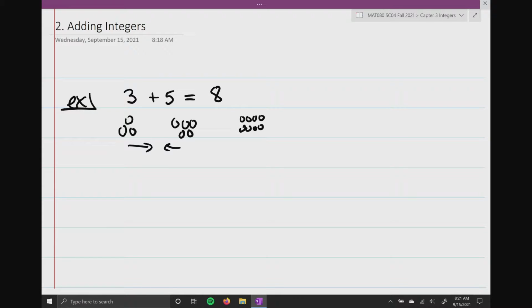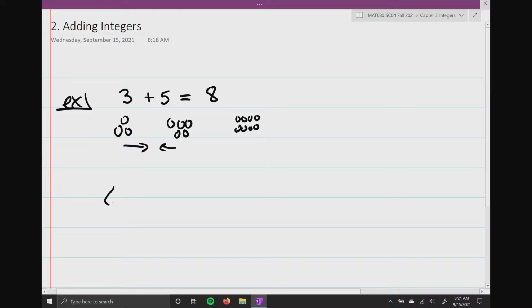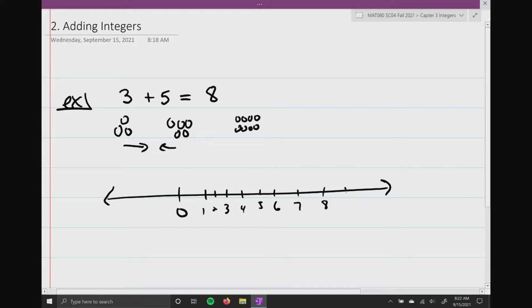So there is something that's really fascinating happening in this problem. And here's what it is. Let me show you. Another way that we can describe this simple addition is this thing called a number line. I use number lines a lot. I think they're really easy to draw and they're really easy to see what's happening. First, we read left to right, so the first thing I see is that number 3.